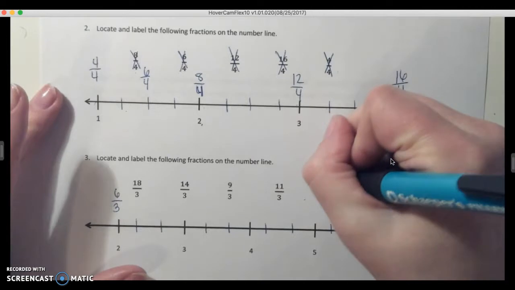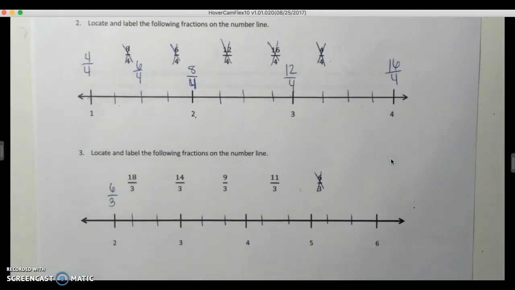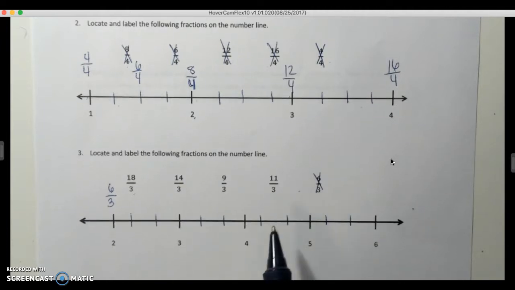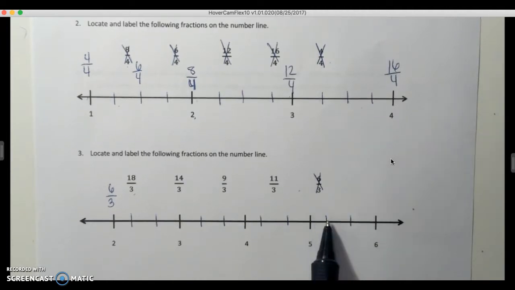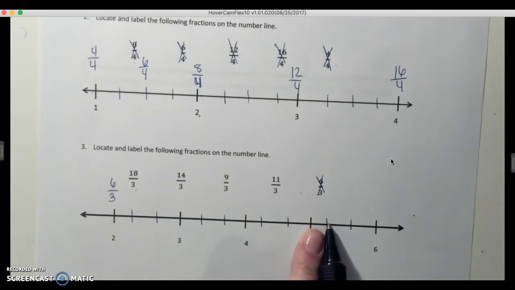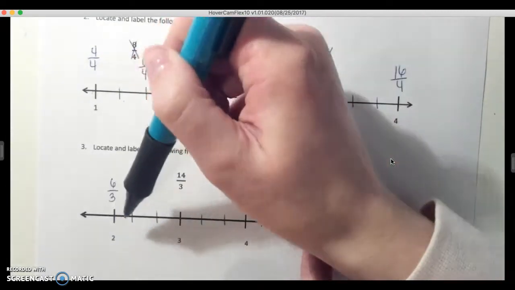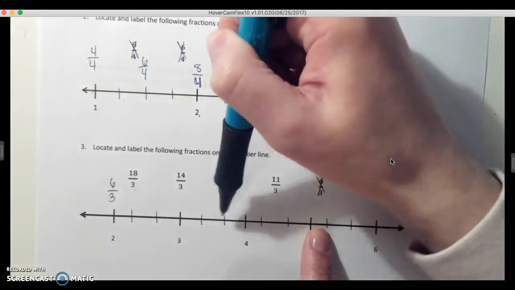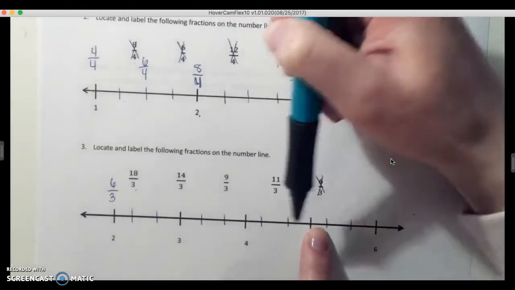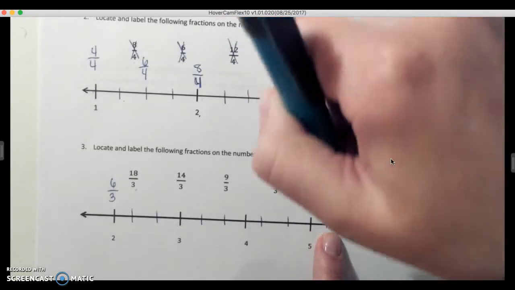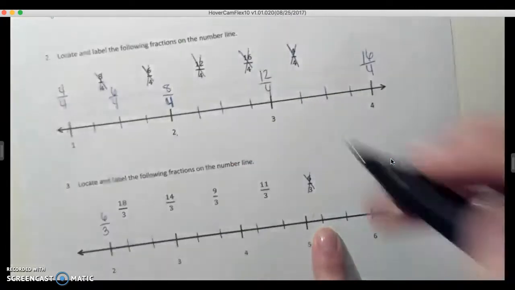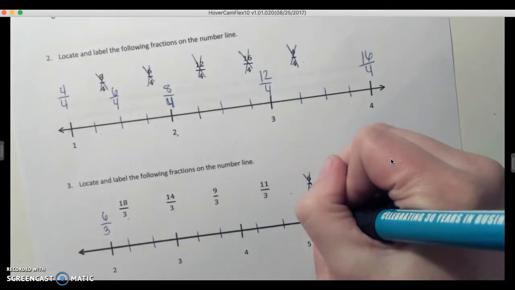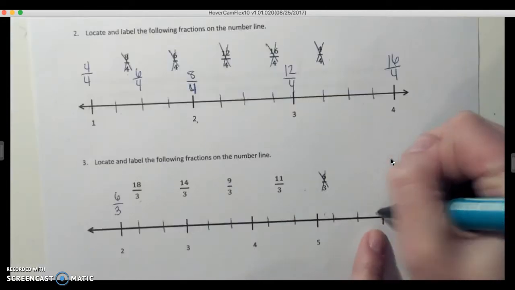Oh, and look, they wanted us to label that, so I'm going to cross that out. So now I'm going to do the 18/3. So we have 7/3, 8/3, 9, 10, 11, 12, 13, 14, 15, and 16/3. 7, 8, 9, 10, 11, 12, 13, 14, 15, and 16/3. 16, oh, 17, 18/3.